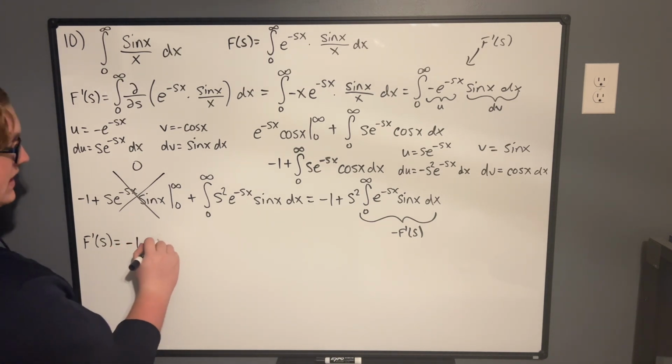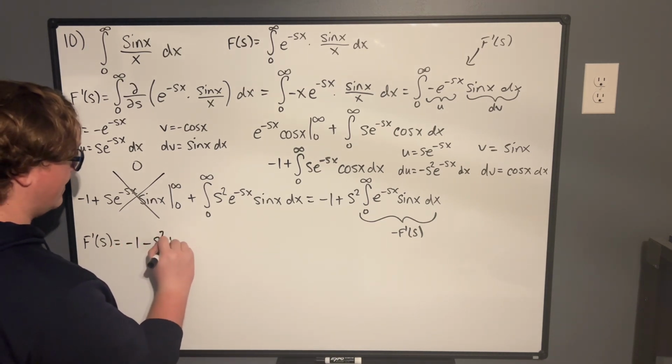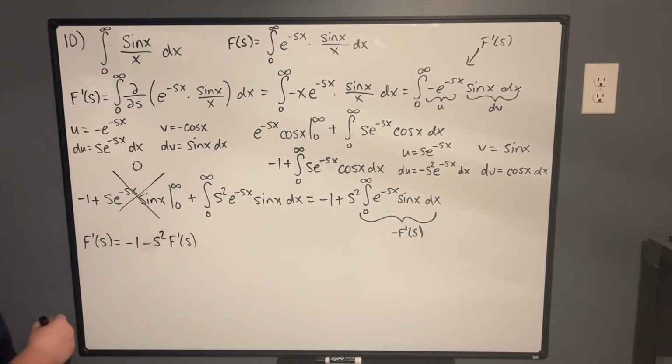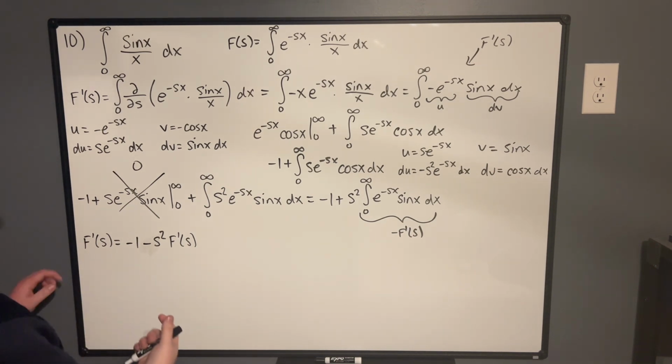So minus s squared times f prime of s. So this is just like what we did in the secant cubed integral, and even a little bit like what we did in the last one, where we've got the same integral as the solution to an integral.